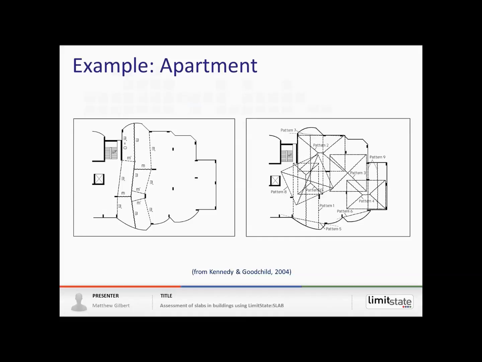And actually, this particular building was designed, or the slabs in it were designed, using the yield line method, but there were a large number of potential failure mechanisms that needed to be considered, and it was a very time-consuming process to do that, and it would require a certain amount of expertise, particularly given this particular building was supported entirely on blade columns. So there's a wide number of potential failure mechanisms that could be critical.